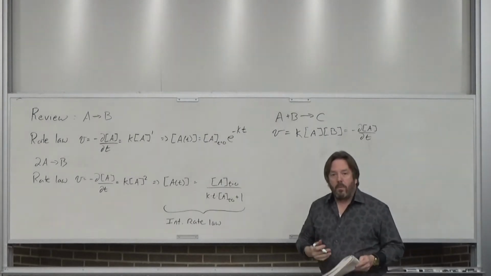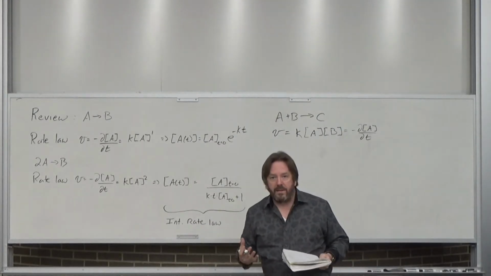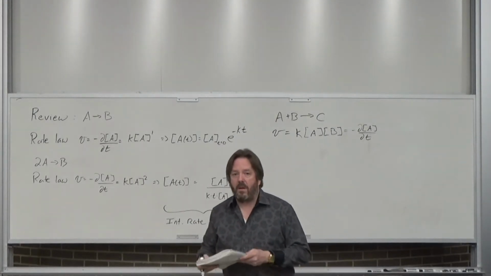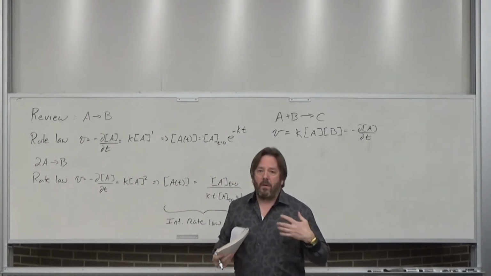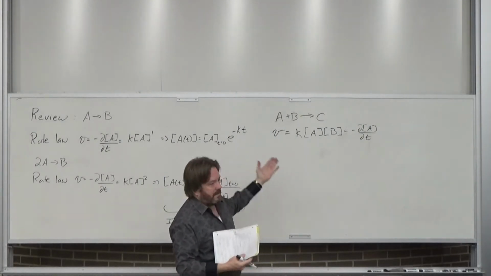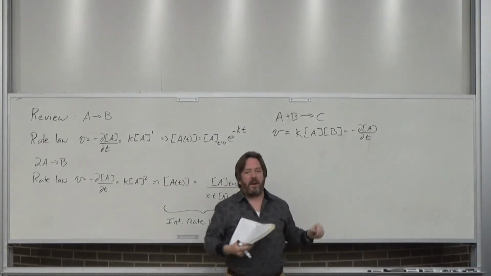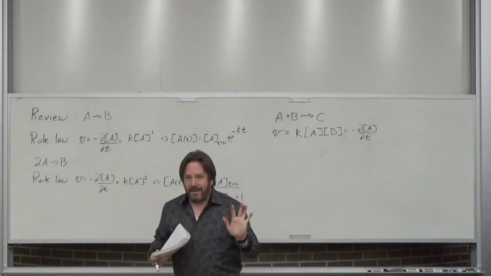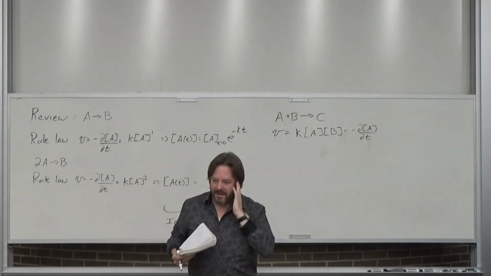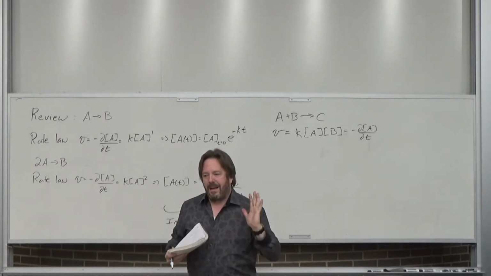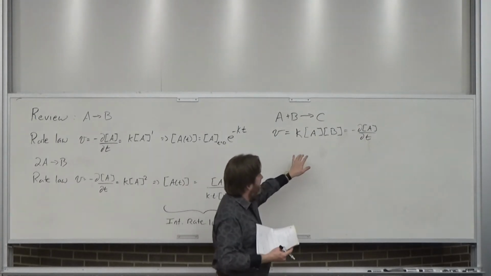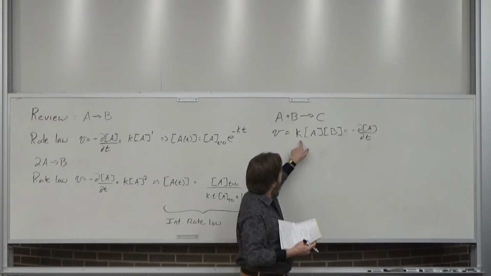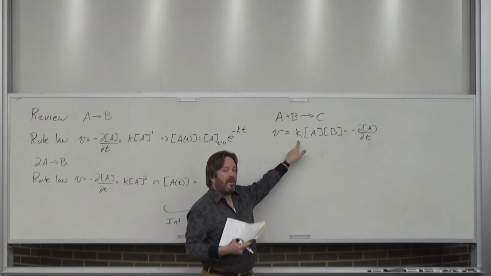Now we do our calculus and solve for the change in A or B or C. Actually, I probably am going to want to figure out C. But get this, I mentioned this at the end of the last lecture. As much as this is still a second order reaction, you can tell because the K has the same units.